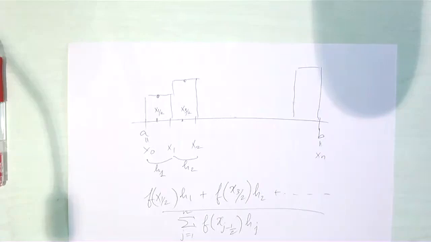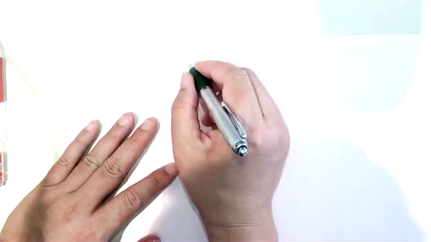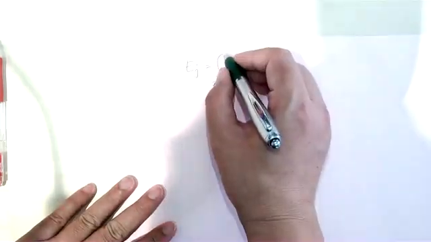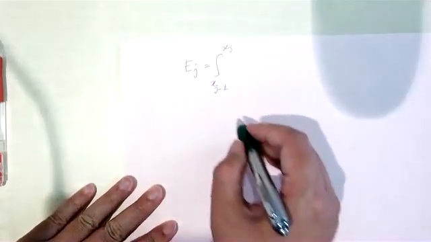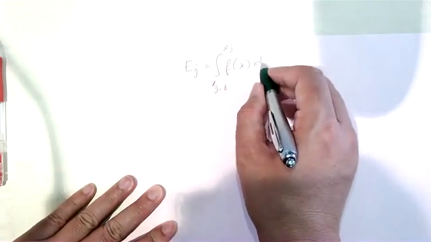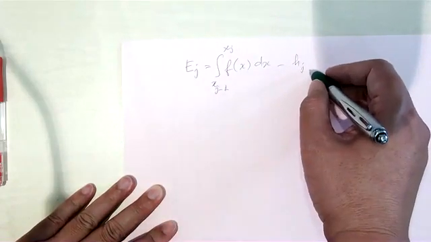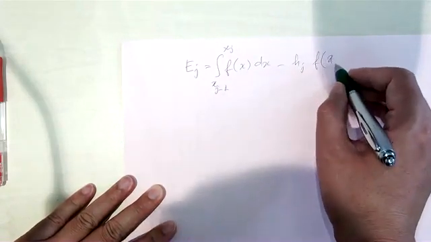So if you look at this Ej, we discussed before that Ej is just the error: the integral from xj minus 1 to xj of f(x) dx minus hj times f of xj minus 1/2.